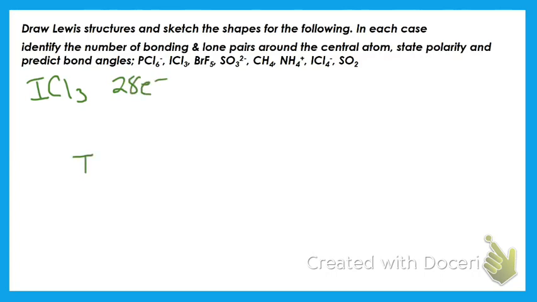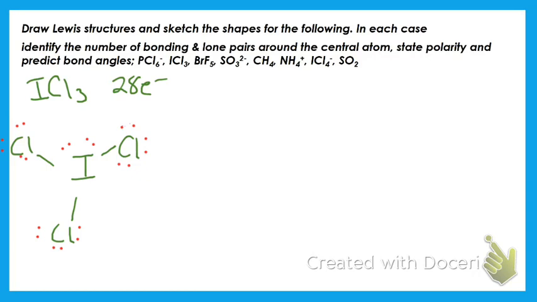So I'm going to draw my central structure, and then I'm going to put all my lone pairs. How many electrons do I have there? 24. So I need 4 more. What are our rules about Lewis structures, when I have extra ones, where do I put them? Central atom. So I'm going to do them like that for now.